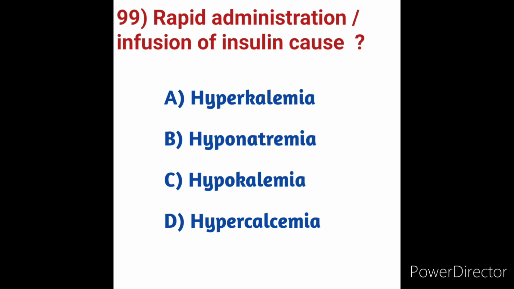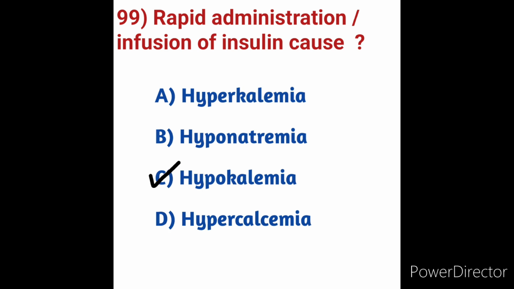A rapid infusion of insulin causes hypokalemia, meaning exogenous insulin can induce mild hypokalemia because it promotes the entry of potassium into skeletal muscles and hepatic cells by increasing the activity of the sodium-potassium ATPase pump.